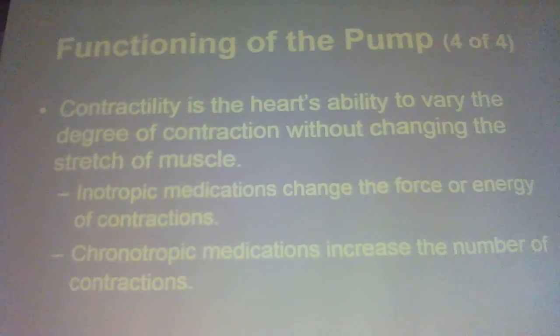So if I said that at 5 to 10 mics per kilo per minute, dopamine has both positive inotrope and positive chronotrope properties, what would you expect that to do to the heart? Increase heart rate and contractility. And if I do those two things, theoretically I should increase cardiac output. Right? Makes sense?